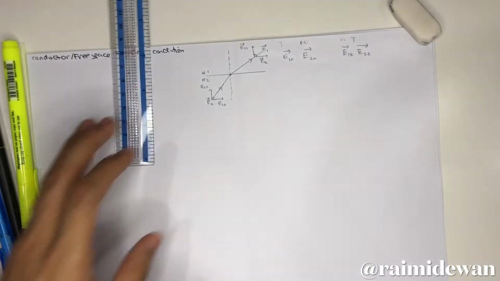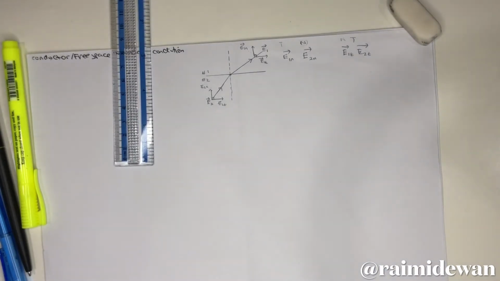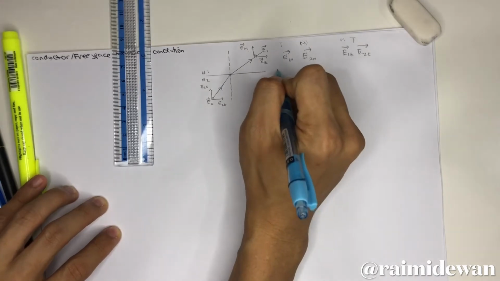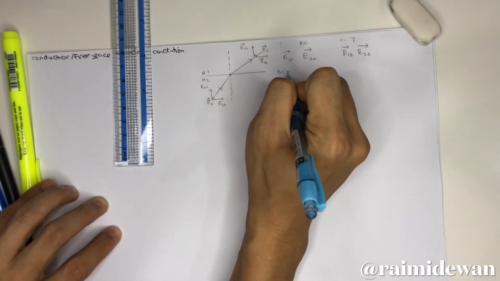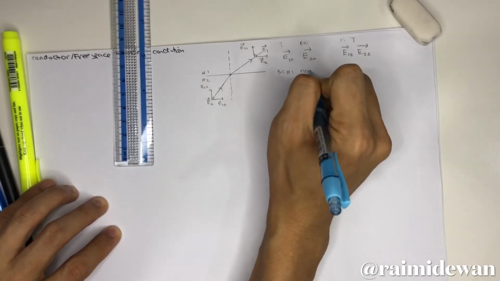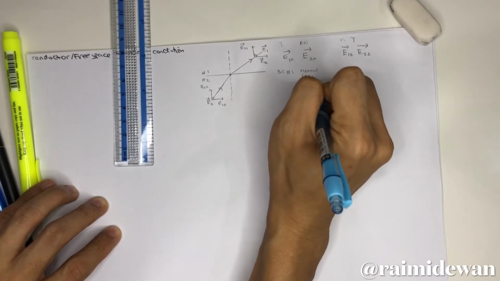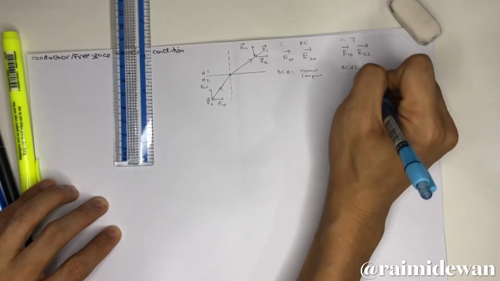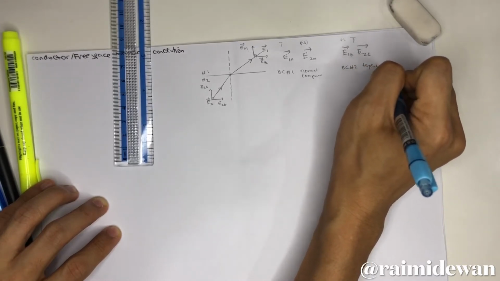Now at this boundary, we take boundary condition 1 as the normal component, and boundary condition 2 as the tangential component.